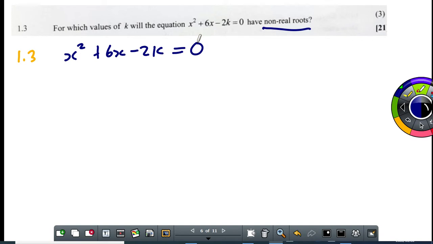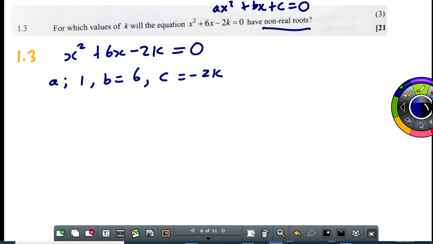Okay? So what we do, your a is 1, b is 6, c is negative 2k. Remember that negative 2k is a constant. Don't forget that. The general equation of a quadratic equation is ax squared plus bx plus c equal to 0.